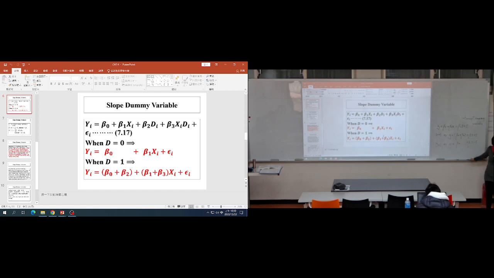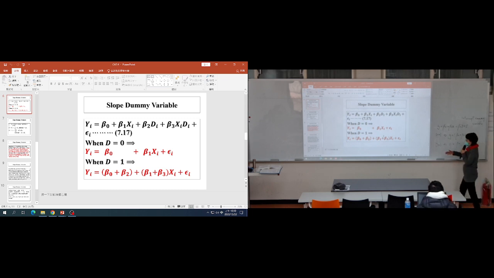It means the starting salary, with no working experience. So if beta 2 is significant, then we will say that although in the future there's no difference between the increment of the salary of men and women, the starting salary makes a difference. This is what we can say from the analysis.